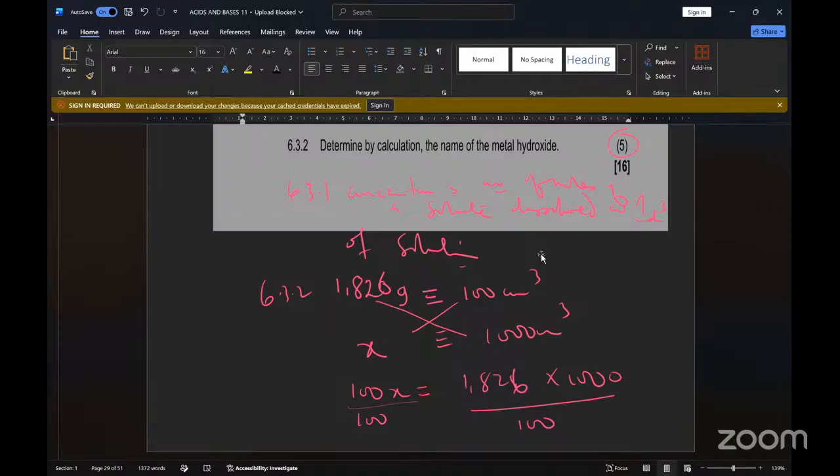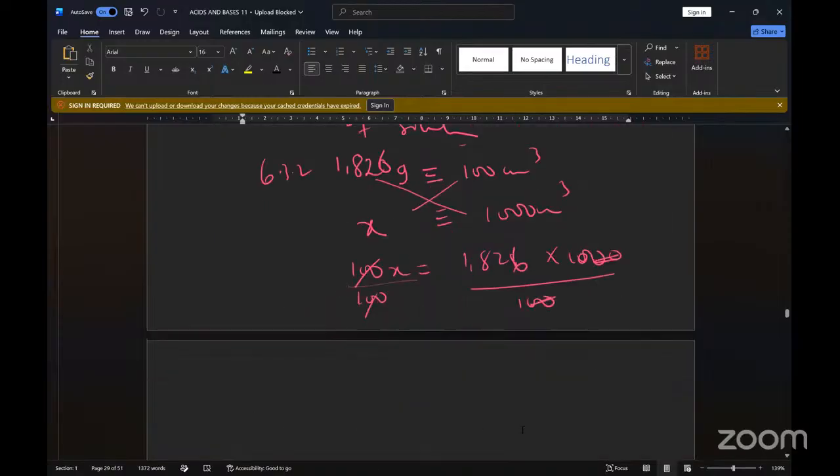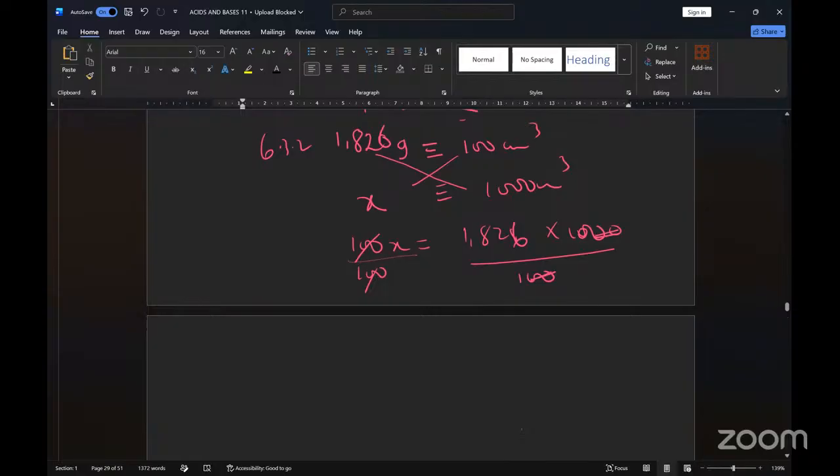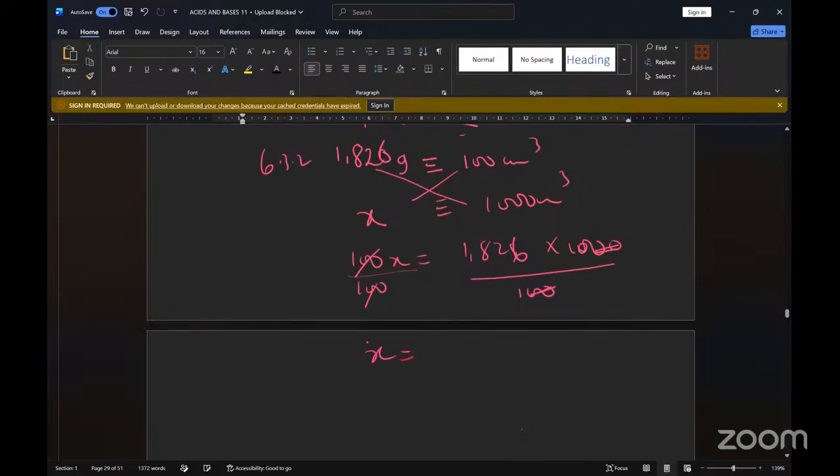So this one will take out this 2. Eventually I'm just going to have 10 times this one, because this cancels that. This one takes away 2 of this 0, and you'll be left with 10. 10 times this gives you the value of X. The value of X is 18.26 grams. Okay, so let's put it aside.